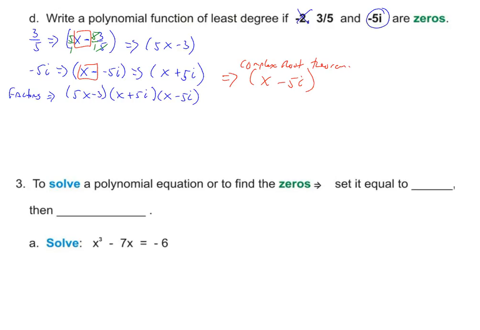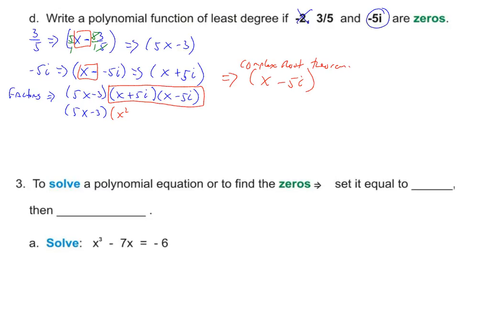Now, the only way to get the polynomial is to multiply it all out. Because the right two are conjugates and it's a difference of two squares, it's to my advantage to multiply these out first. I'm going to do it in red. So I'm going to do this part first. So x times x is x squared.